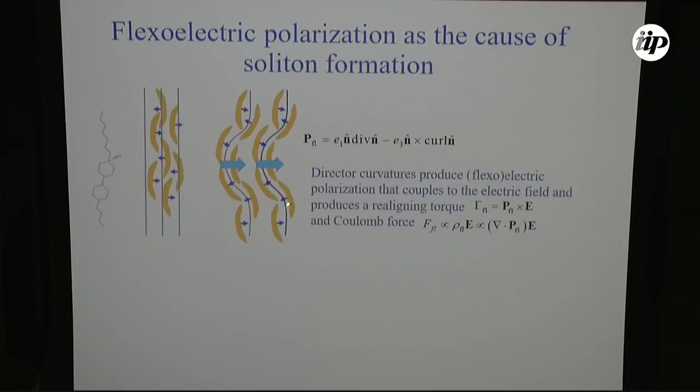But if you have a bend like that, then more banana-like molecules will be looking with the dipoles to the right, and that would create this blue arrow of flexoelectric polarization. It's pure geometry. And this is the material constant that characterizes these dipoles, essentially. It can be also explained in terms of quadrupoles.